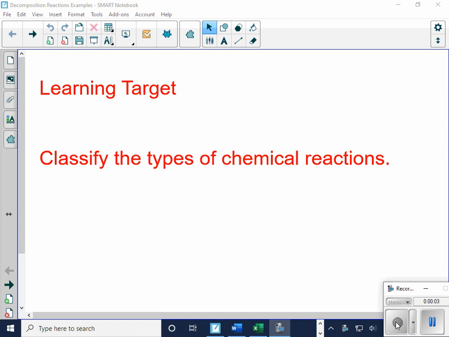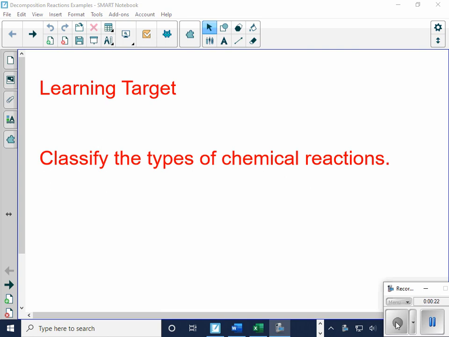We're going to start once again discussing our learning target, which is to classify the types of chemical reactions. As far as our success criteria, it is going to be very, very similar to what we discussed yesterday.